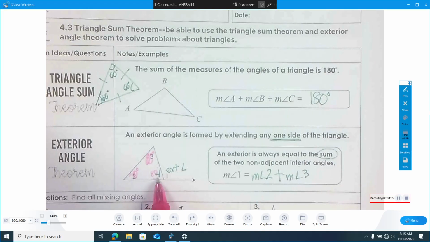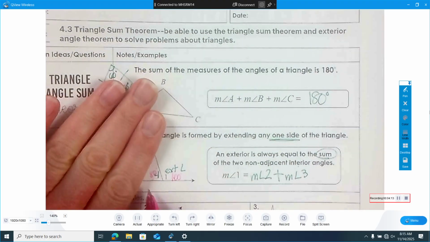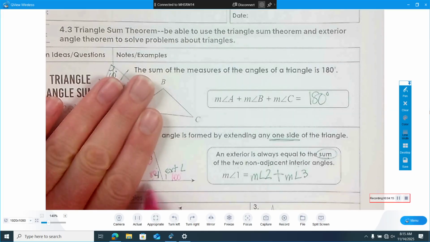All right, if angle 4 is 80 degrees, what's angle 1? 100. How do we know it's 100? Because it's a straight line formed right here, a linear pair. Very good word usage. So 80 plus 100 is 180 because it forms a linear pair.